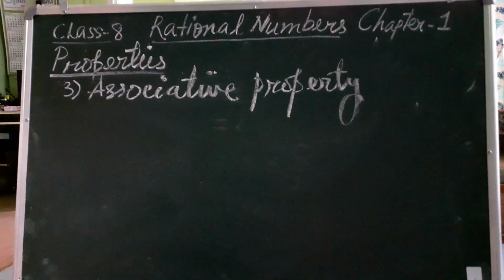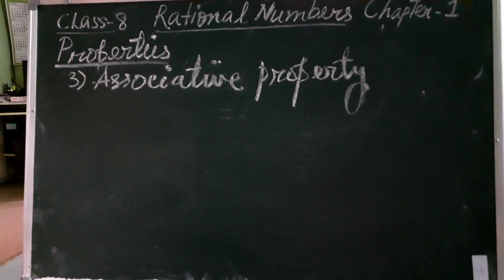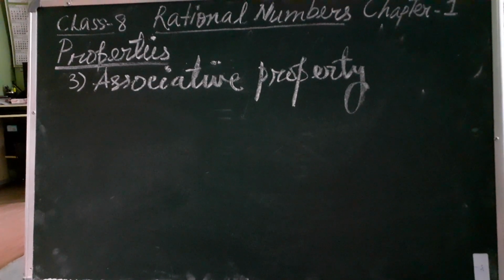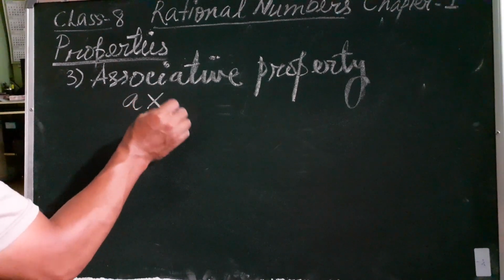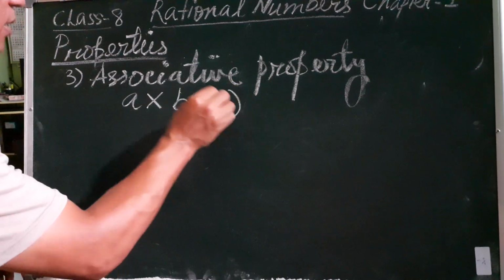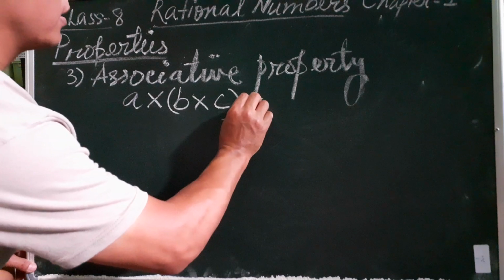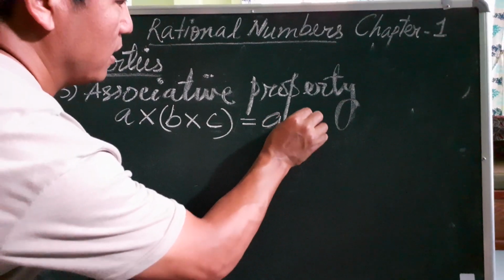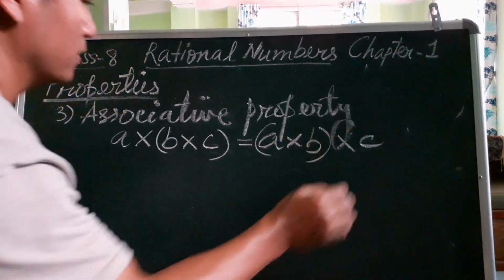If a, b, and c are three rational numbers, then a into b into c, with b and c grouped, will be equal to a into b, in brackets, into c.